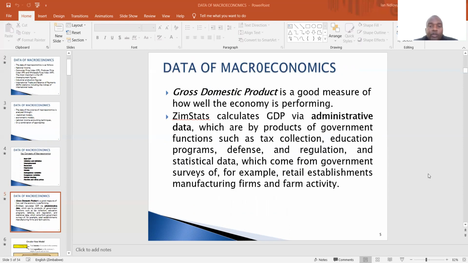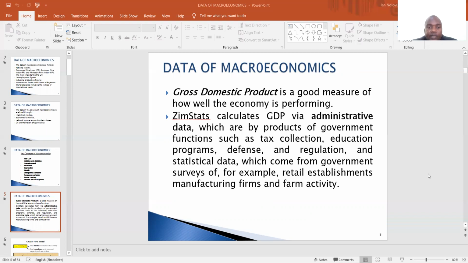And then the most common concept when we are looking at the data of the science of macroeconomics is the concept of GDP, gross domestic product. This is a good measure of how well the economy is performing.